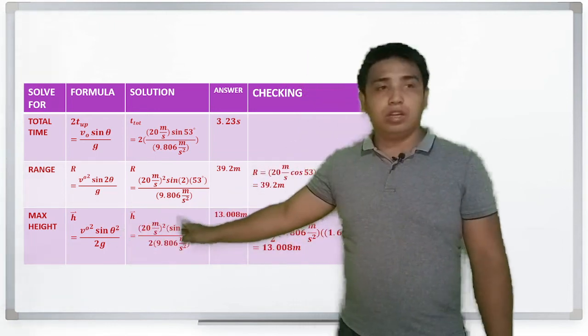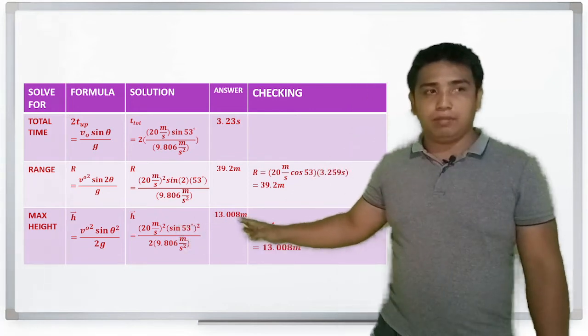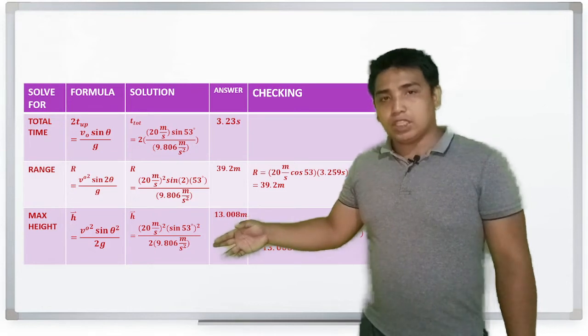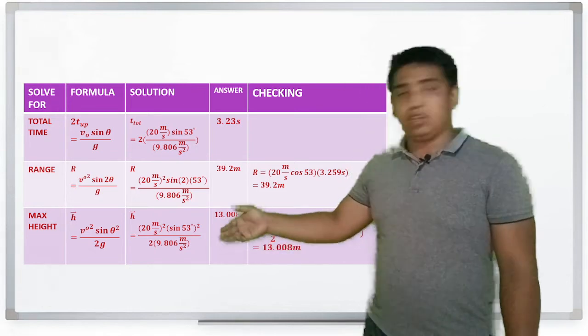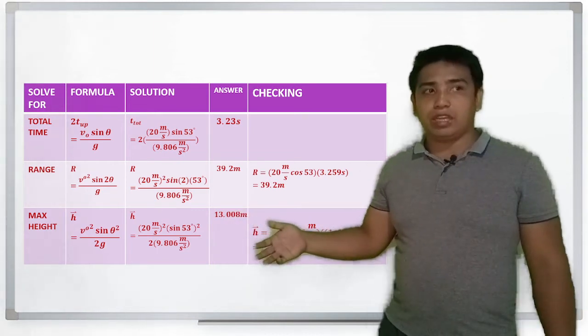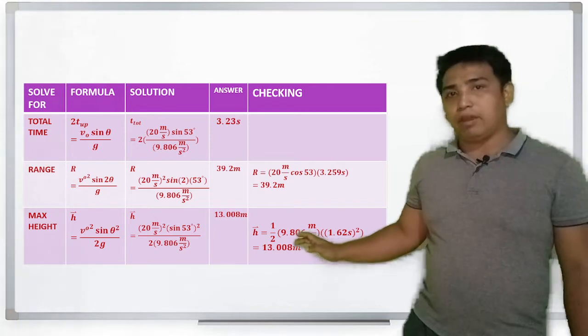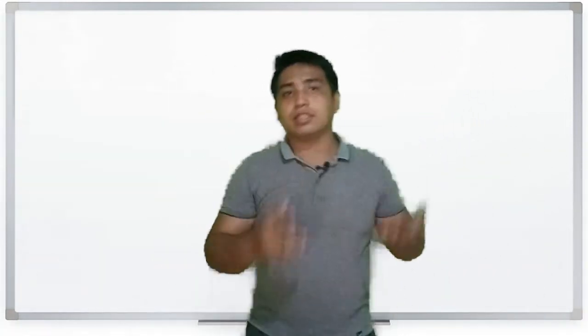You found out that it is 13.008 meters, and you can check if it is consistent with other concepts like the free fall motion. You have checked that using the formula for the free fall motion, you will get the same results. Next slide.